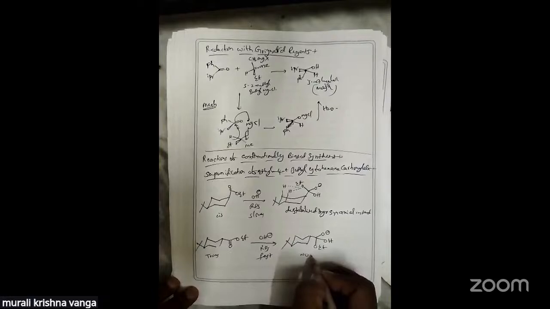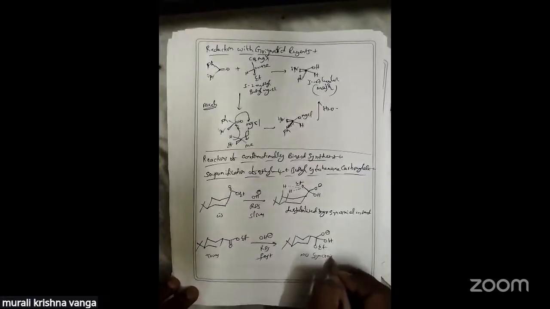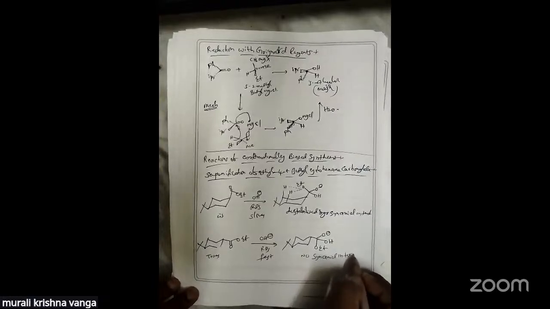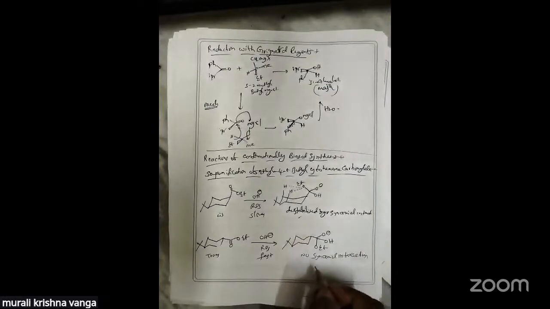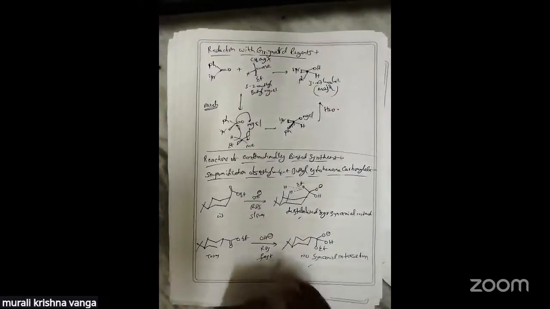There is no syn diaxial interaction, so it is a stable factor. So saponification takes place faster.